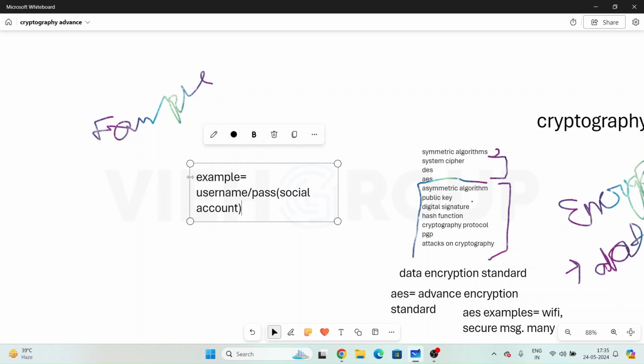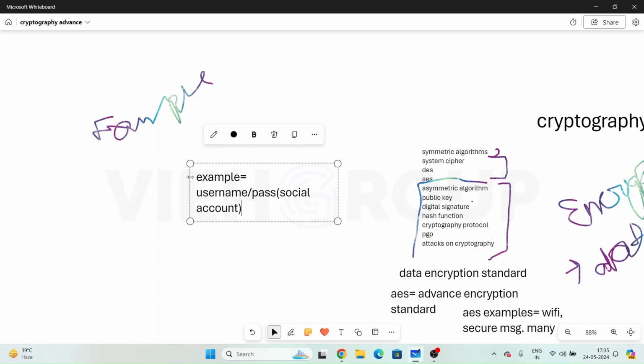This is considered as your digital signature because only you can open your account. You are the user, you know your password. That's why only you can access your account by username and password as a digital signature. So hope you understand this concept. This one is easy, our digital signature.